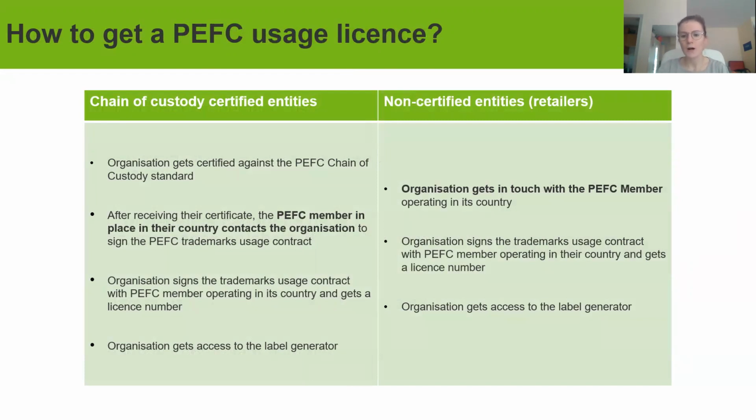They will also have to sign a PFC trademarks usage contract with this member, and they will also get their own license number. Once they have their license number, they will also be given access to the label generator and will be able to start using PFC trademarks.